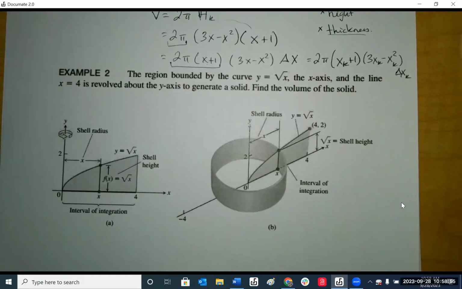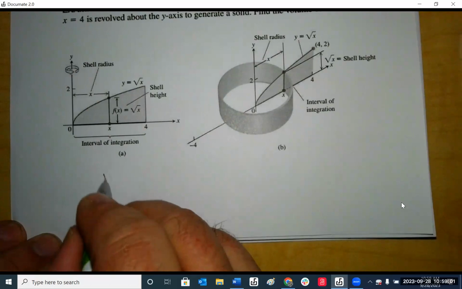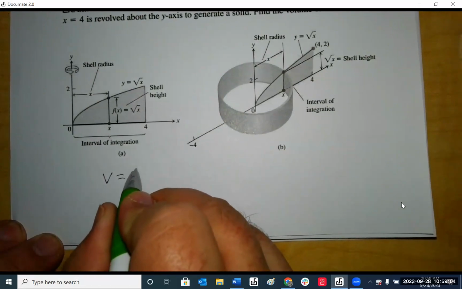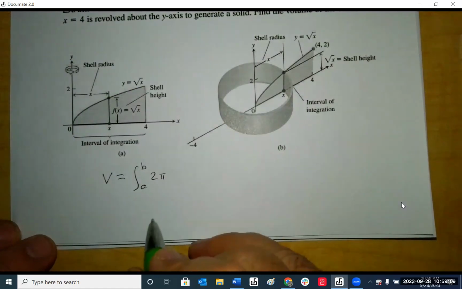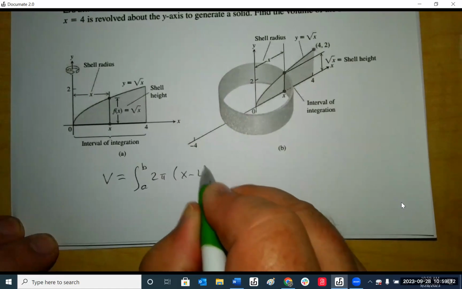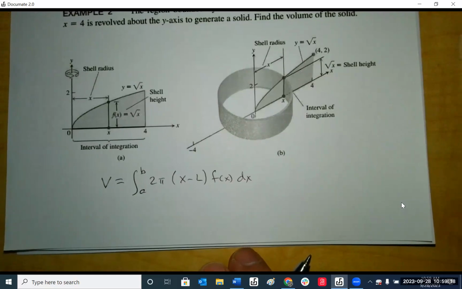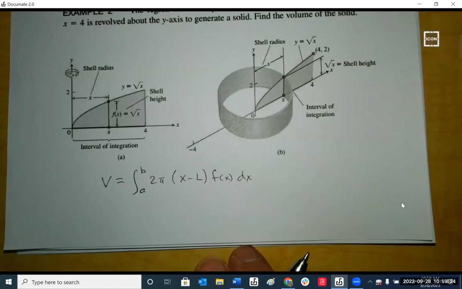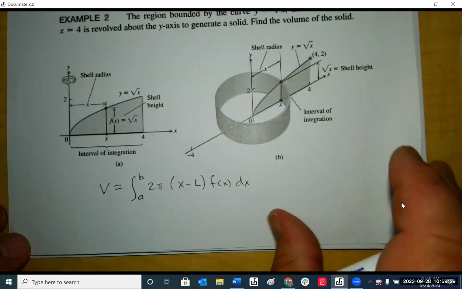So now we have to put together our formula. What formula are we going to use here? We had x minus L, f of x dx. So go ahead and start working it out.